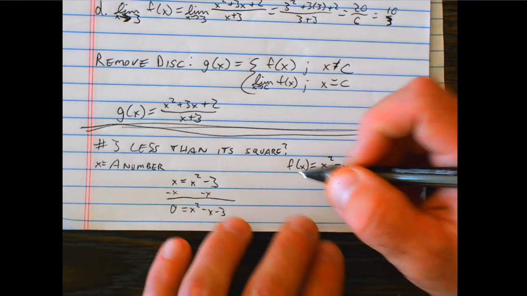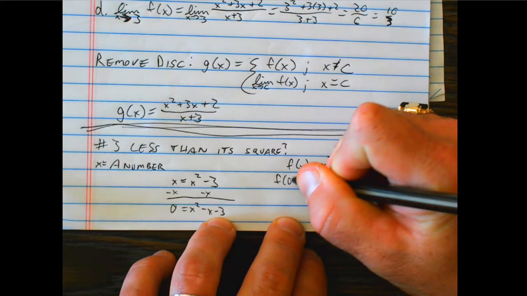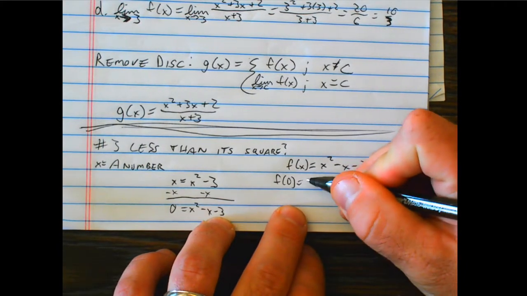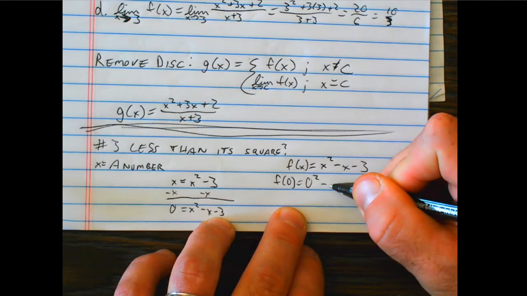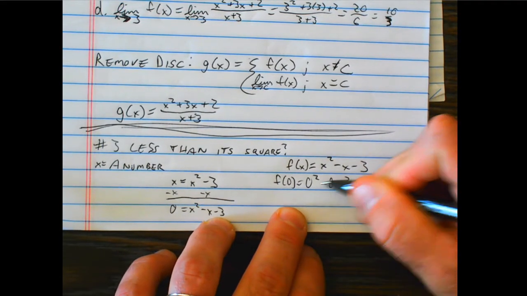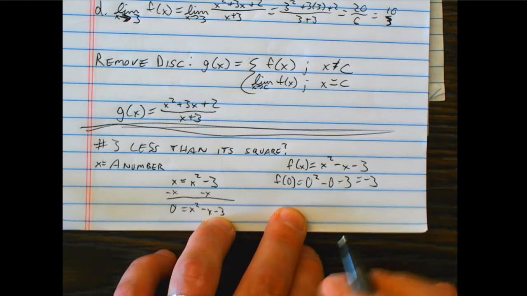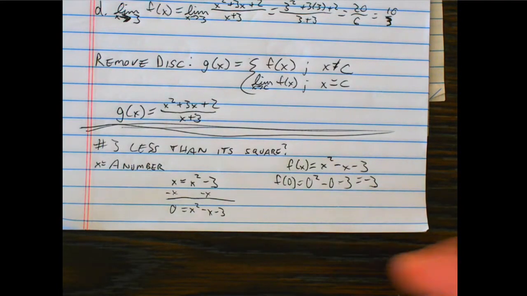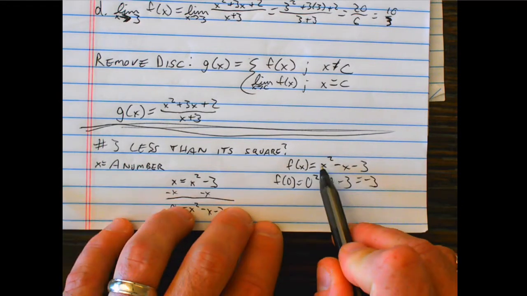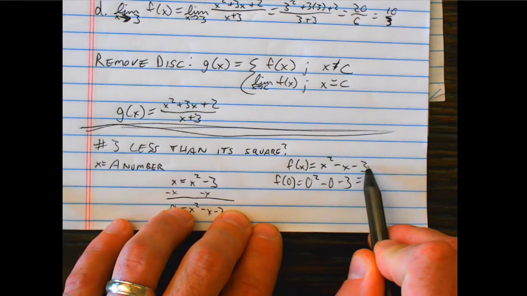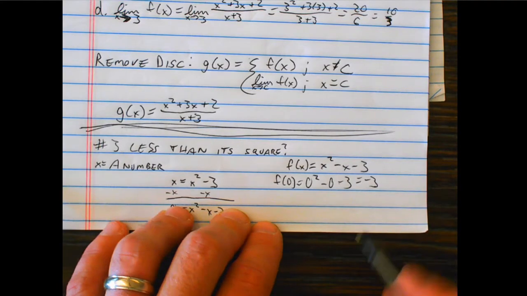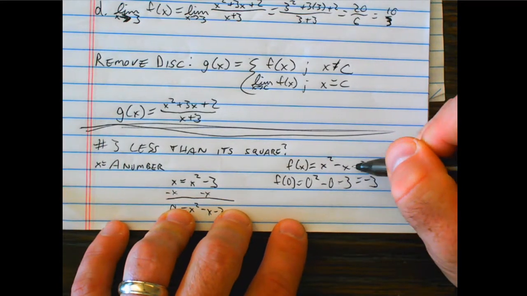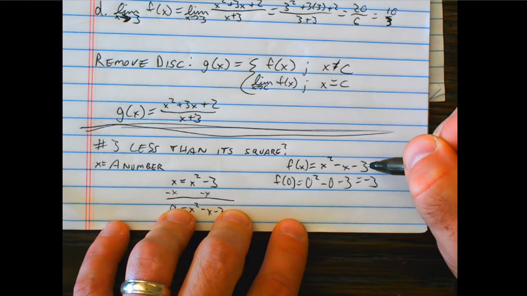Now I'm just going to make up some numbers. Let's plug in f of 0. F of 0 is going to equal 0 squared minus 0 minus 3, which is equal to negative 3. Then let's plug in another number. We can make a wild random guess. 1 wouldn't work because 1 squared minus 1 is 0, minus 3 would be negative 3 again. If I tried 2, I would have 4 minus 2, so 2 minus 3 would give me negative 1.